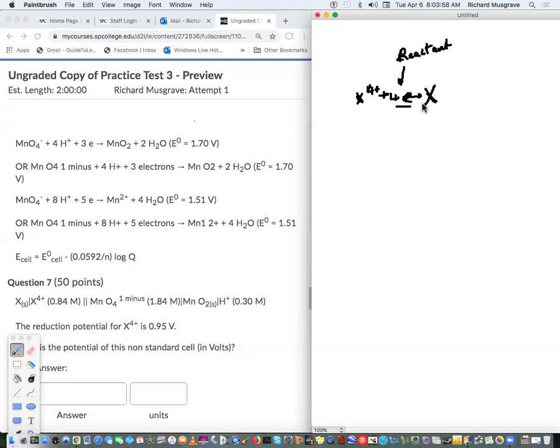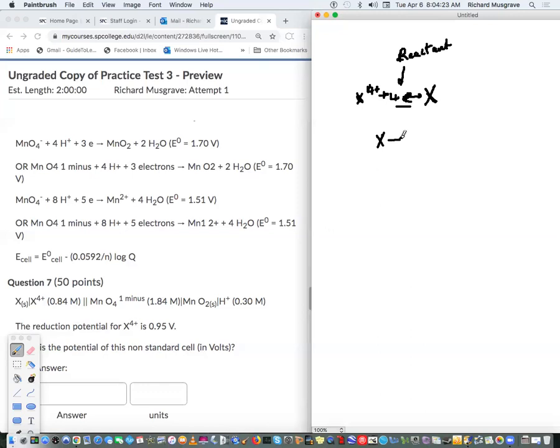So that's always going to be a reduction process. The other thing you'll notice is that the charge on X is going down from 4 plus to 0. That's another sign of reduction as well. So when you're coming up with the equations here, the anode ends up getting flipped because it's the anode. Remember, oxidation occurs at the anode, and this is a reduction.